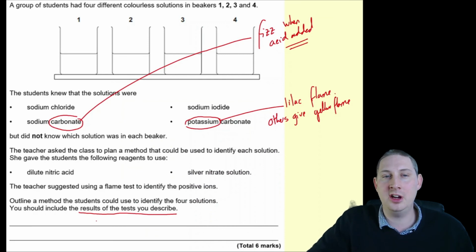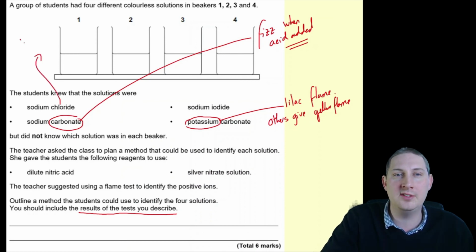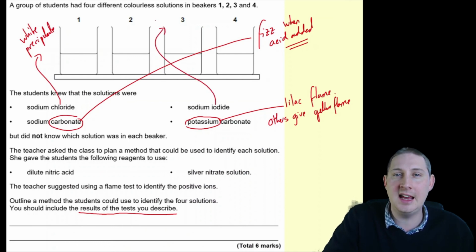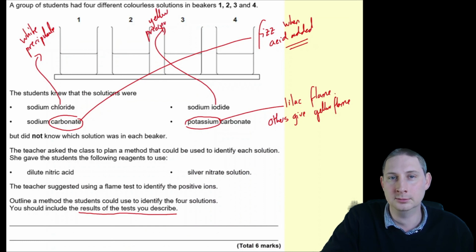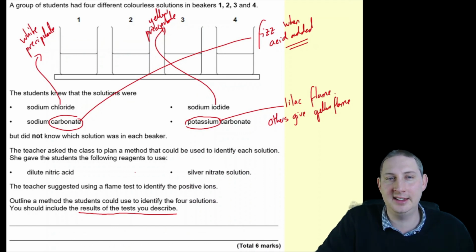If we were to add nitric acid followed by silver nitrate solution, and we must talk about adding the acid first, then sodium chloride would give a white precipitate, while sodium iodide would give a yellow precipitate.